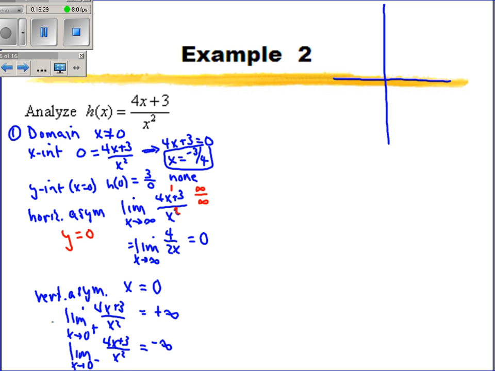Okay, we know that x equals 0 is our vertical asymptote. And our horizontal asymptote is actually y equals 0. Okay, and the x-intercept is -3/4. That's the only place it crosses the x-axis.